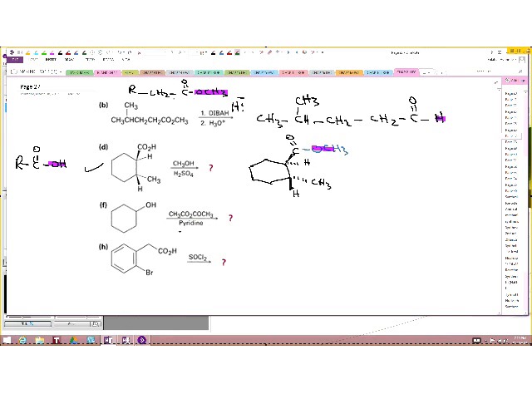It's actually CH3, this here. That's acetic anhydride. So acetic anhydride reacting with an alcohol, what does it give you? It gives you an ester. An alcohol reacts with an anhydride to give you an ester. So you get this.